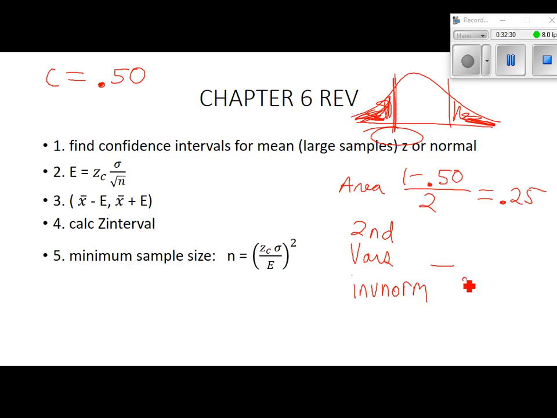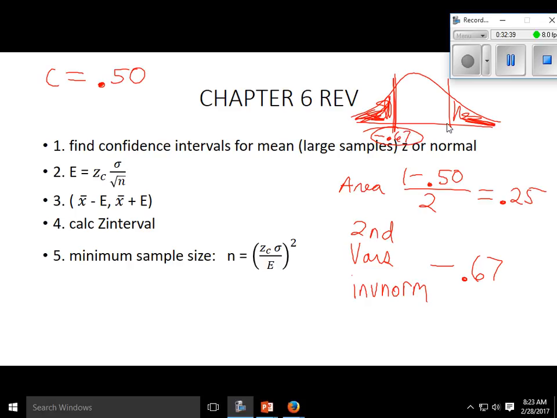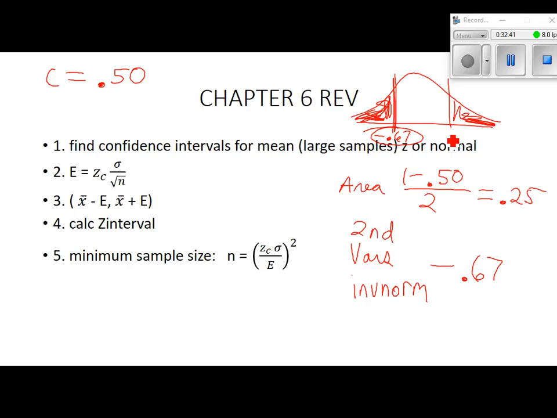Negative 0.67. So that means this value right here is negative 0.67. What's this value right here? 0.67. What do you plug in once you put inverse norm? Just the area. Just this right here. 0.25. Just that.